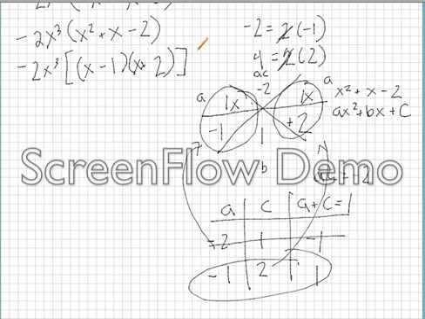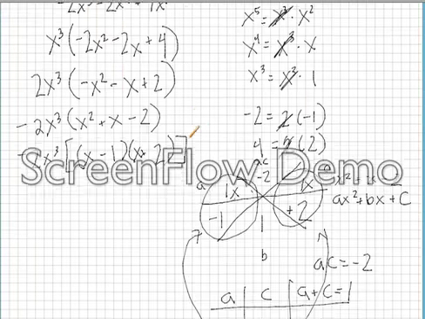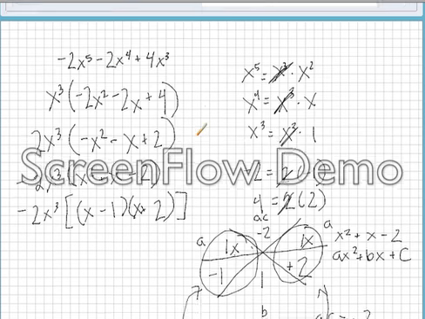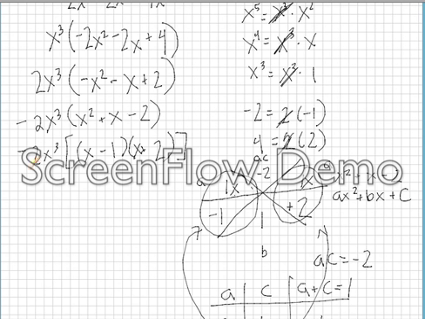That means this whole equation, negative 2x to the 5th minus 2x to the 4th plus 4x to the 3rd, factors into negative 2x cubed times x minus 1 times x plus 2. And this will be your final answer.